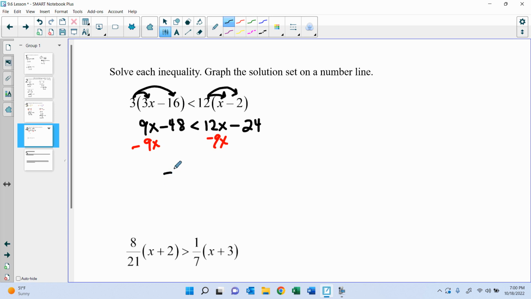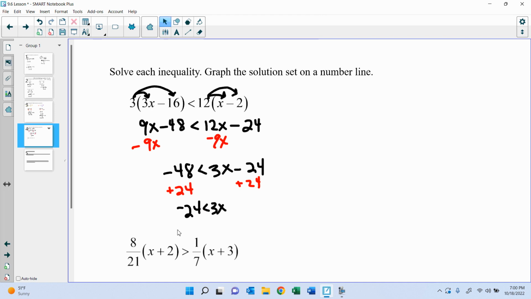So that gives me -48 is less than 3x minus 24. And then we're going to solve from there. So we're going to add 24 because that side already has both x and variable. The left only has one. So on the left, we're going to end up with -24 is less than 3x.